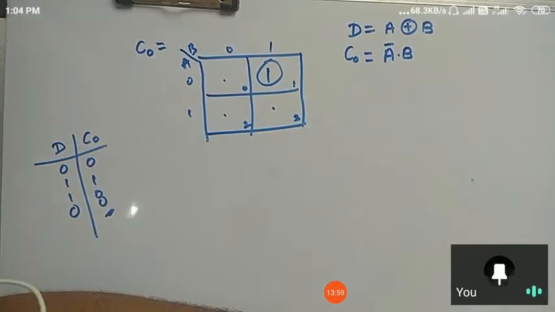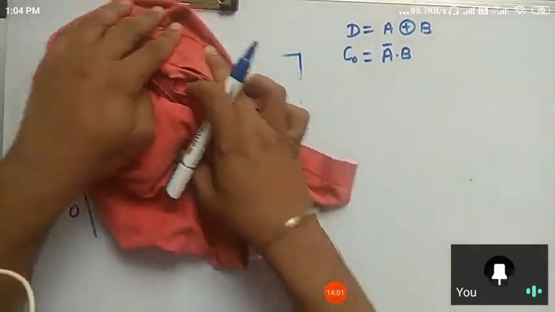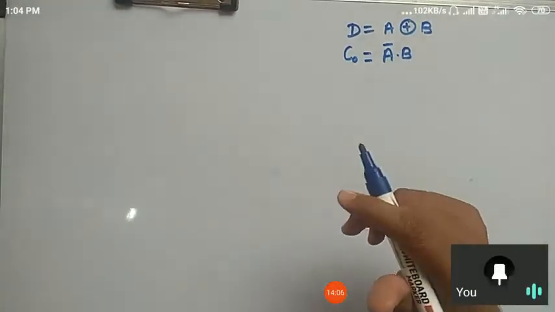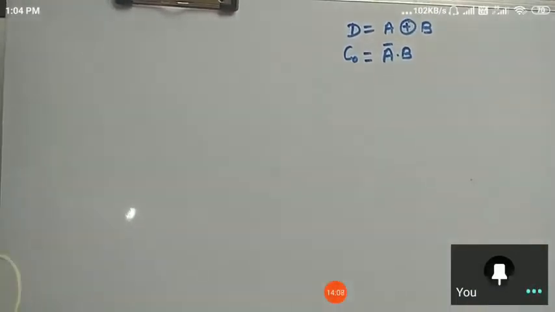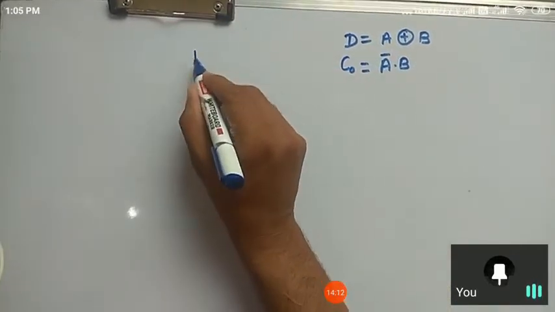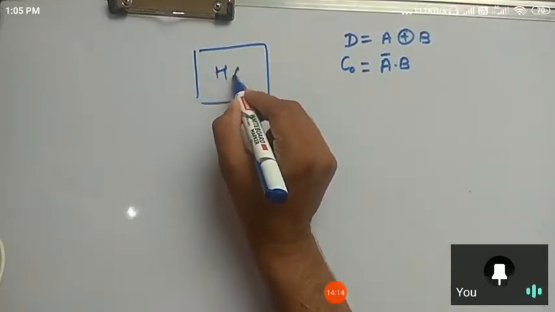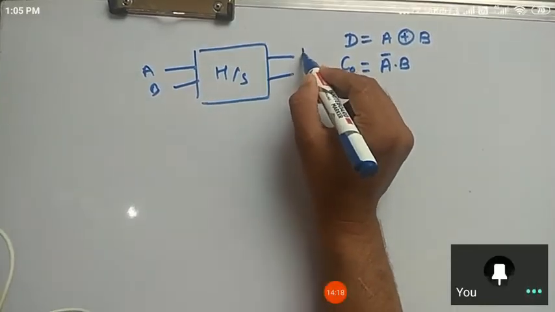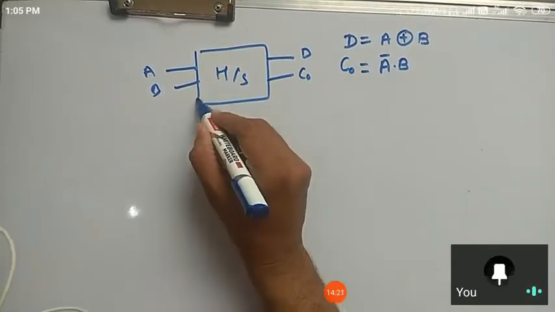Now from these two equations we are going to design, or implement, the logic circuit. So two gates are required. For the half subtractor, two inputs are there, A and B, and two outputs. The first one is difference, the second is carry out or borrow.